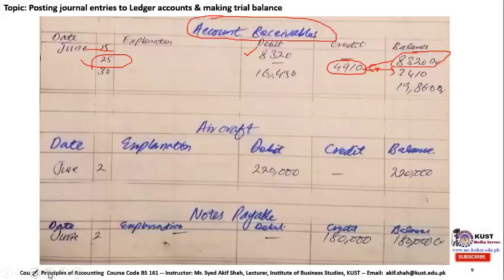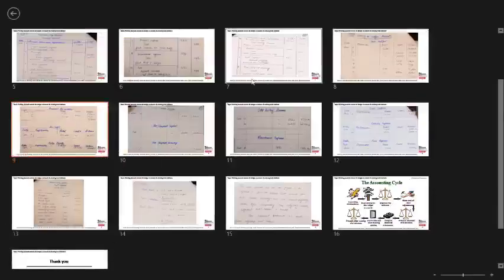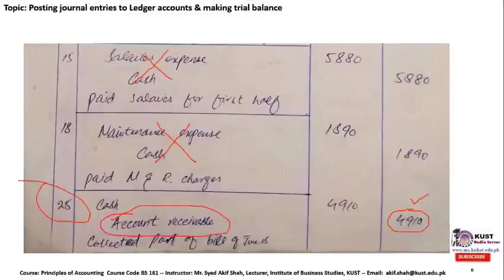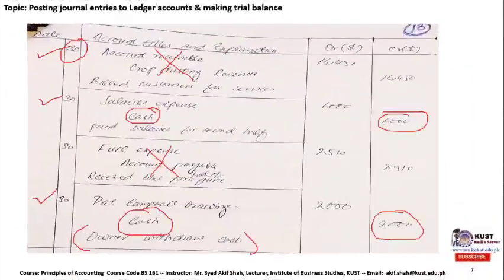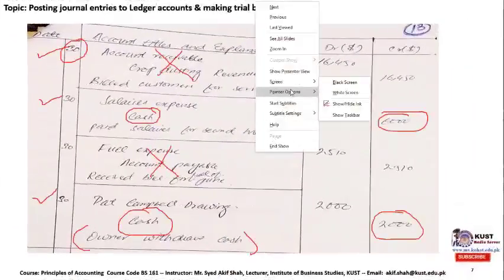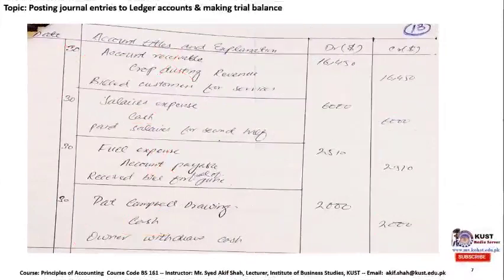Let's go back and further analyze if there is any other entry in the journal pertaining to account receivable. Let me remove all the ink. On June 30th, yes, once again account receivable is there for 16,450, and the reason is this company has once again billed the customer for services.